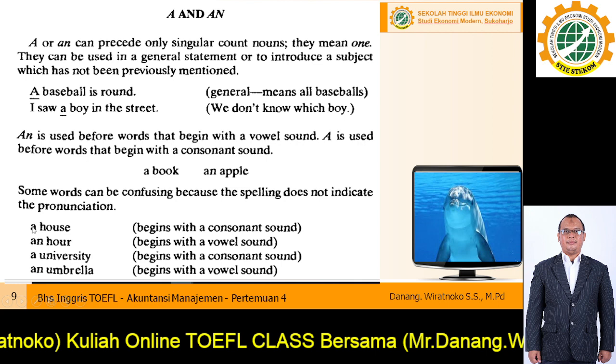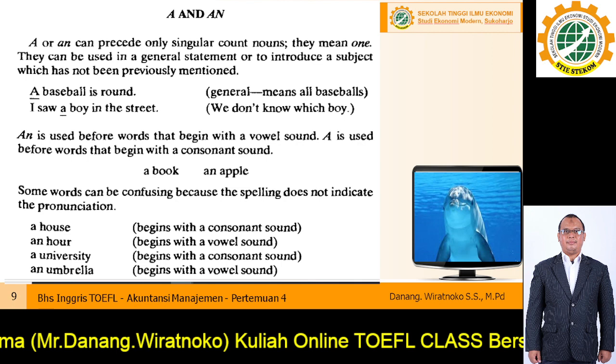Mister katanya yang an harus pakai huruf hidup, tapi ini kok an dipasangin dengan huruf mati. Hour ini ya, we don't say it hour, but we say it hour, an hour. The H is silent. Huruf H-nya ini mati ya, atau tidak dibunyikan. Begitu juga dengan kata island. Tulisannya adalah island, but we say island. Okay.